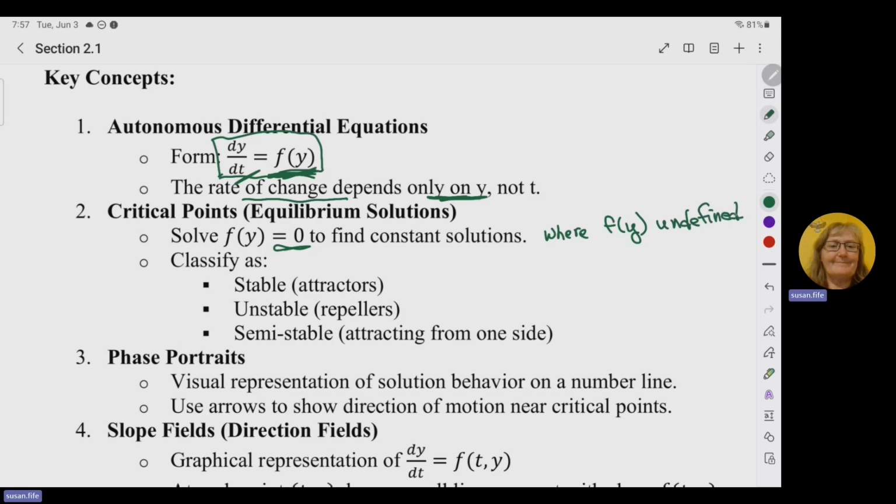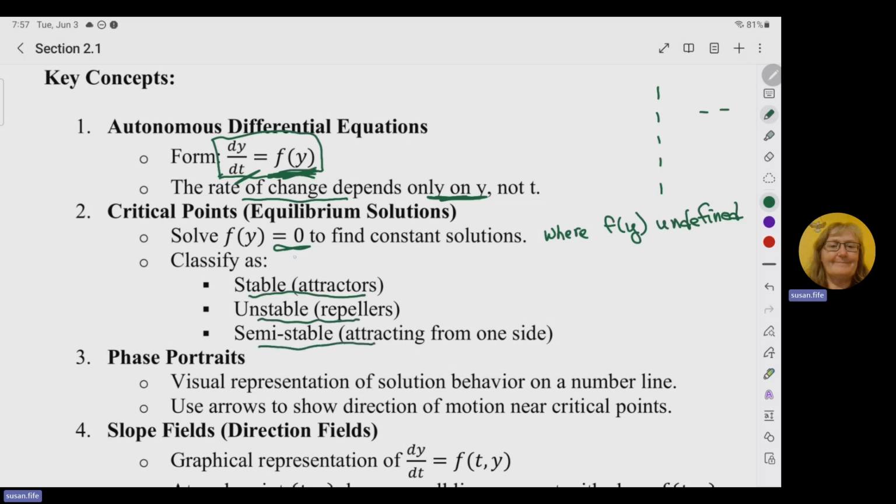Where f of y is undefined, that's going to give you vertical tangents. Where f of y is equal to 0, that's going to give you horizontal tangents, or possible maximums and minimums. We're going to talk about what it means for critical points to be stable or unstable or semi-stable.